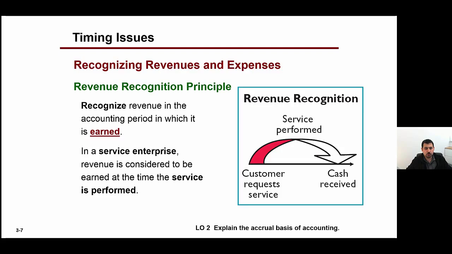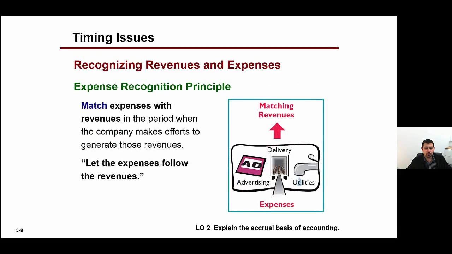This is also more or less similar to when we talk about expenses. So here we have the expense recognition principle, sometimes also called the matching principle. This is where the expenses follow the revenues. And what do we mean by that? As you remember, expenses are resources that the company uses in order to generate revenues.